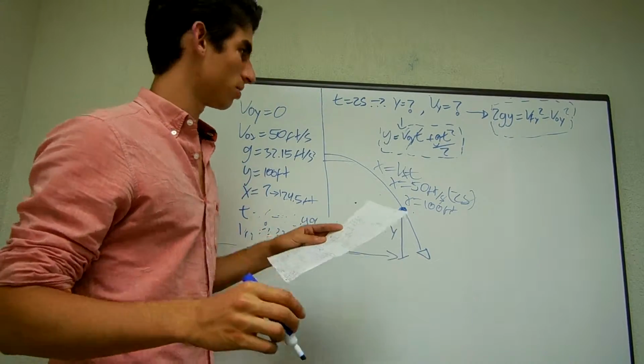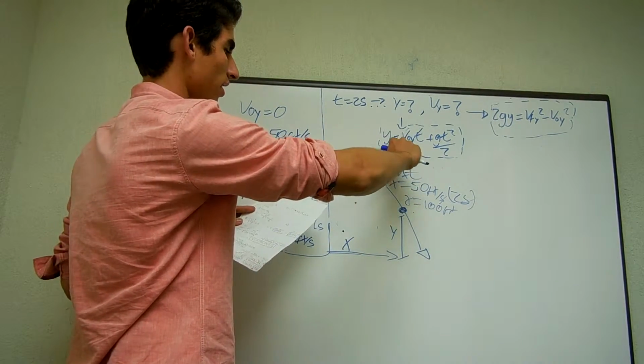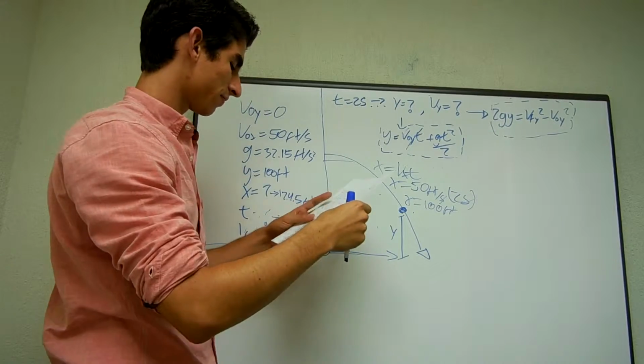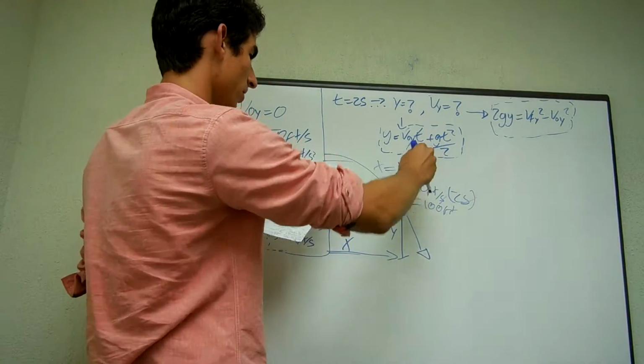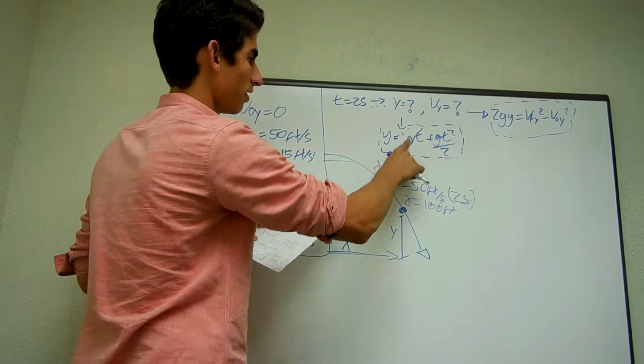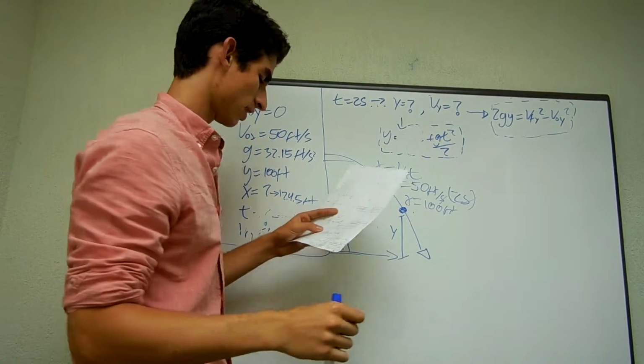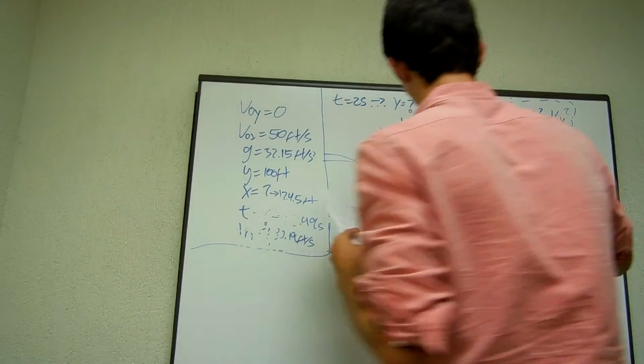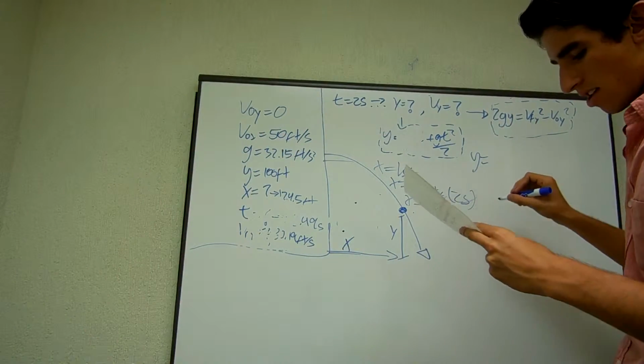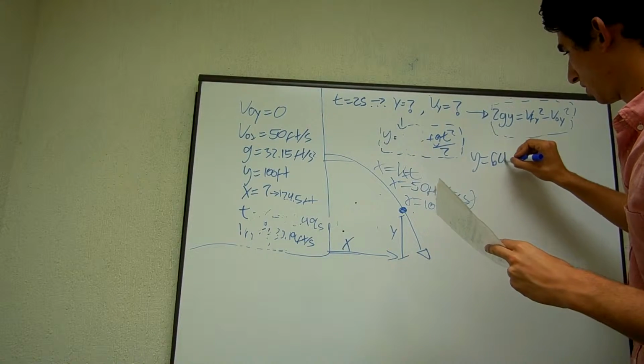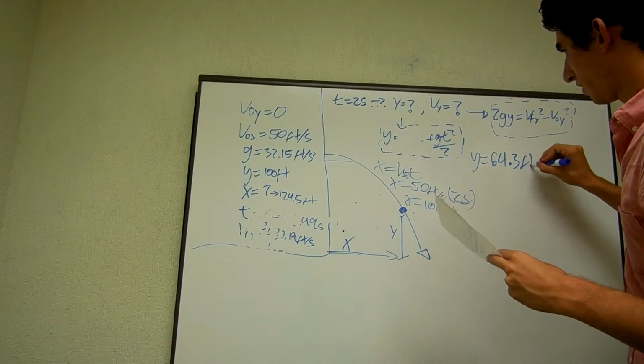The next thing we're going to do is calculate the distance in the y direction. We substitute all these values, we just have this, and the result of that equation is 0.3 feet.